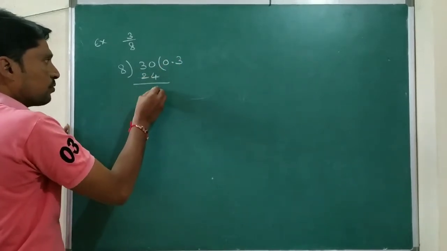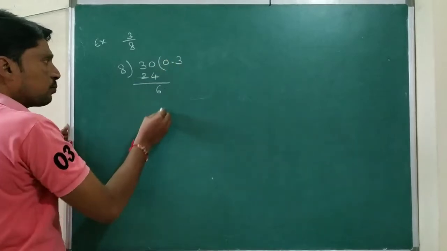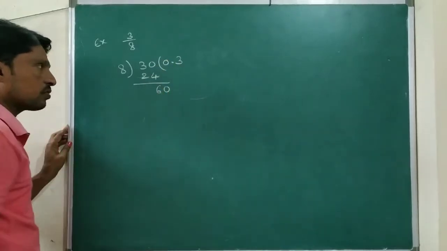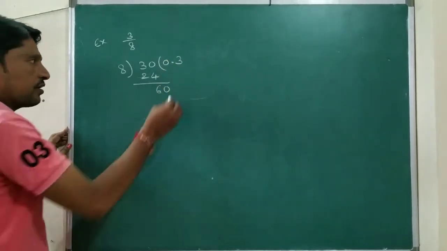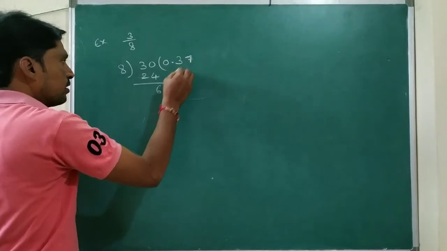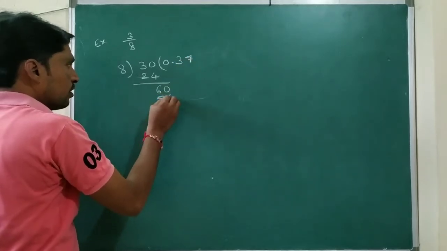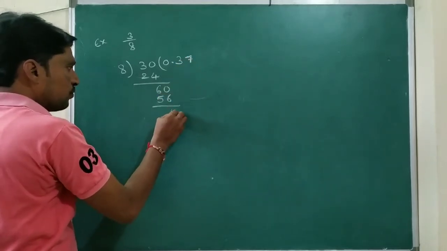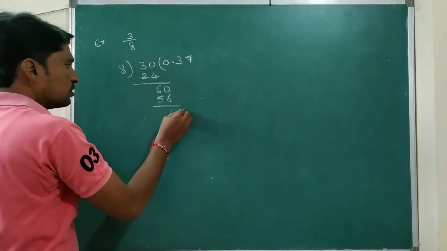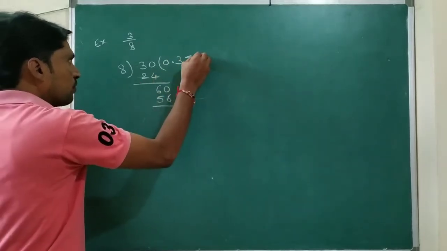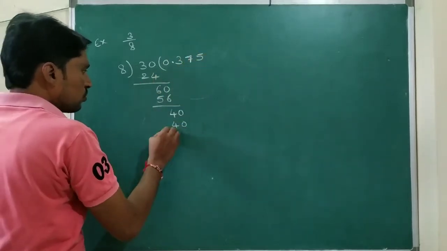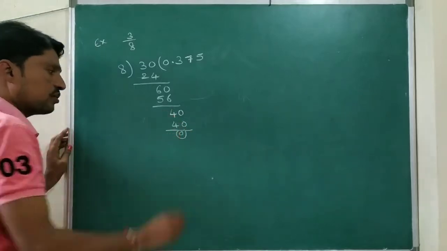So 30 minus 24 is 6. Already it is point, here you can take 0. 8 7s are 56, so 60 minus 56 is 4. Already here point, you can take 0. 8 5s are 40. So 40, we got remainder 0.